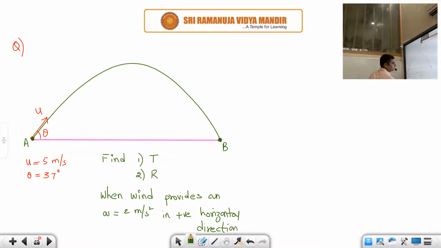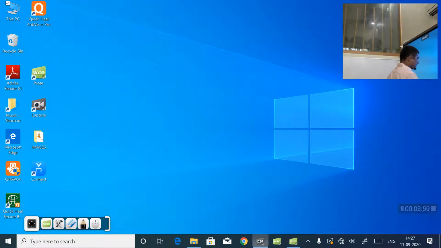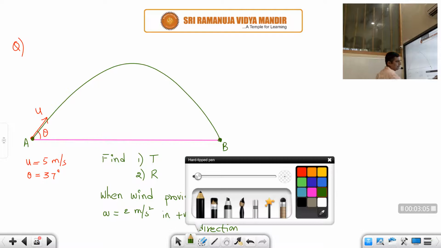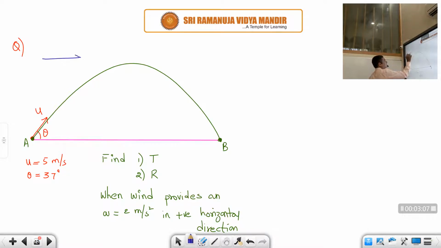So here is the twist. If this is not given, then you can easily solve. But now it is given that there is wind in the horizontal direction, and that wind is providing an acceleration of 2 meters per second square. If this is the case, then what is the time of flight and range?